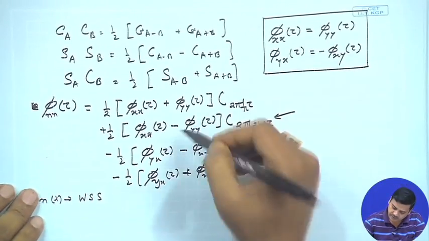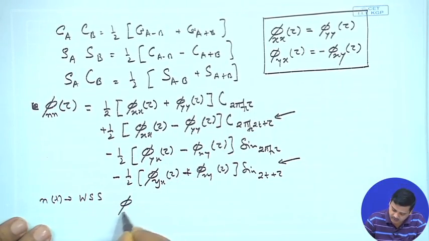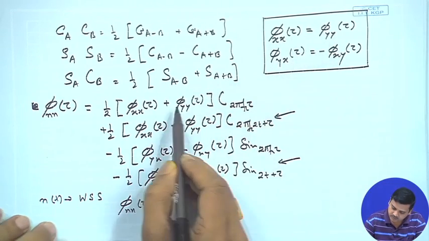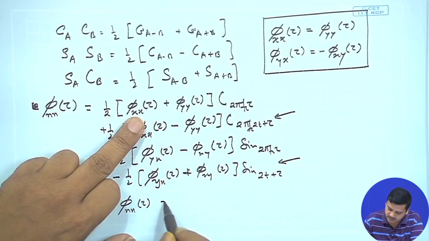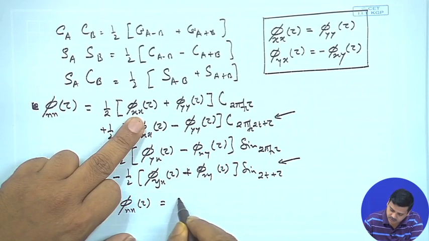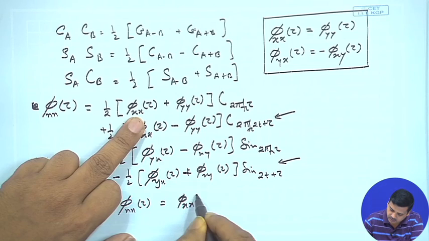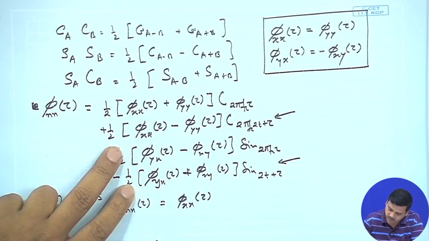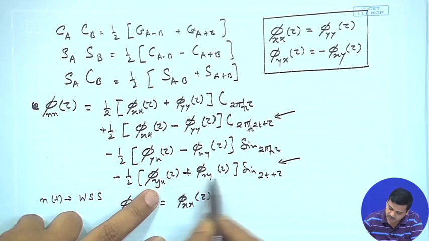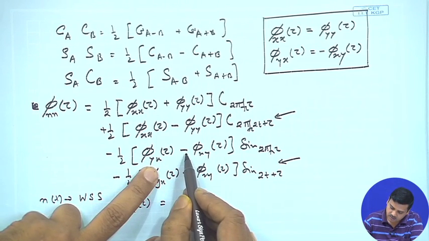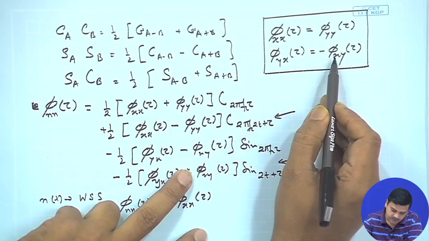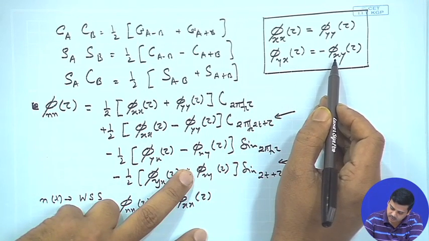Along with this, if we fit it back, what we are going to get is phi n of tau. Since these two are equal, phi yy equals phi xx, so this is equal to 2 times phi xx of tau. This term goes to 0 and this term goes to 0, so we are left with this. So phi yx is equal to minus phi xy.